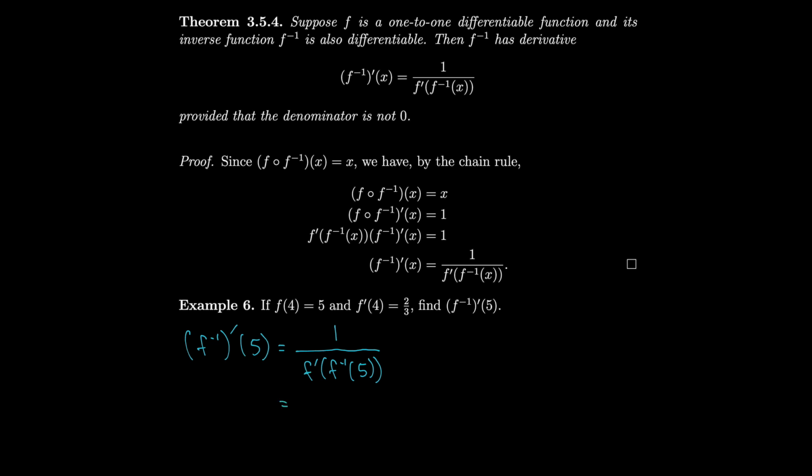So f inverse of 5 is the x value that gives us a y value of 5. Here's the y value of 5, that x value is 4. So we have 1 over f prime of 4, which is equal to 1 over, so good thing they gave us f prime of 4, 2/3. So that's just 3 over 2.